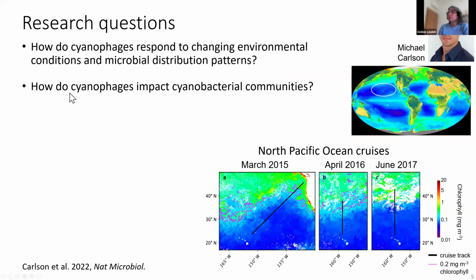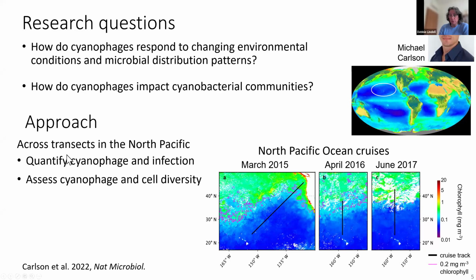So our research questions that we want to deal with today are: how do cyanophages respond to changing environmental conditions and microbial distribution patterns? And how do cyanophages impact cyanobacterial communities? Our approach is to quantify both cyanophages themselves and their infection patterns across transects in the North Pacific Ocean, going from Hawaii northwards.